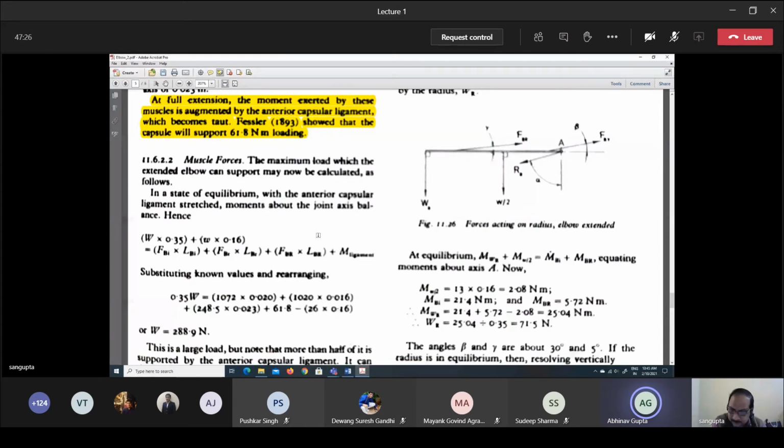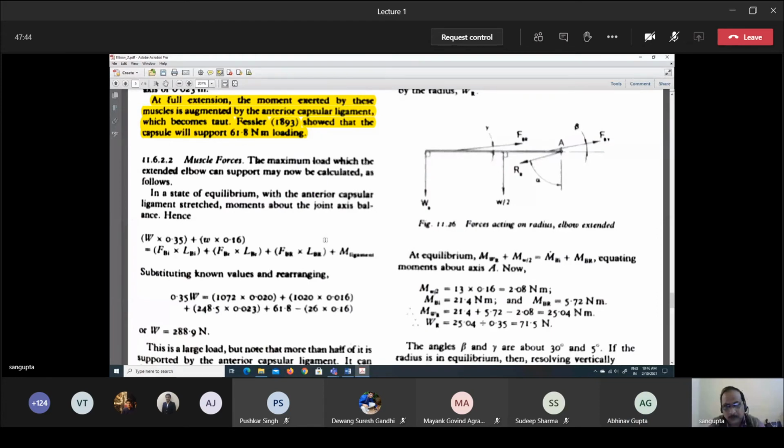Was that interosseous ligament part of this anterior capsular ligament? Since it encircles a group of ligaments, is the interosseous ligament also part of this? Have they considered its contribution as well in this 61.8 Newton meters?